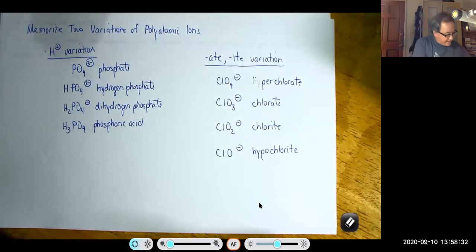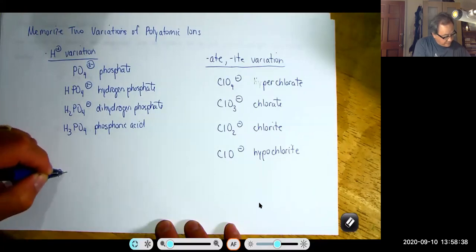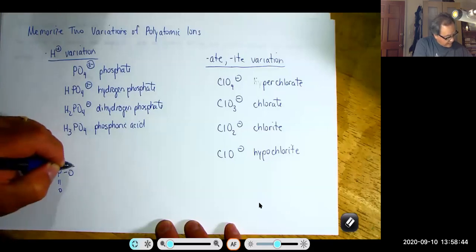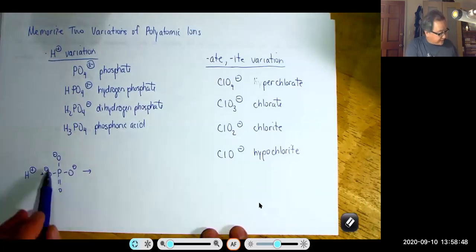Now, what's happening here is you have an H+ combining with a PO4, so here's the PO4 3-. Notice the 3 negatives here.